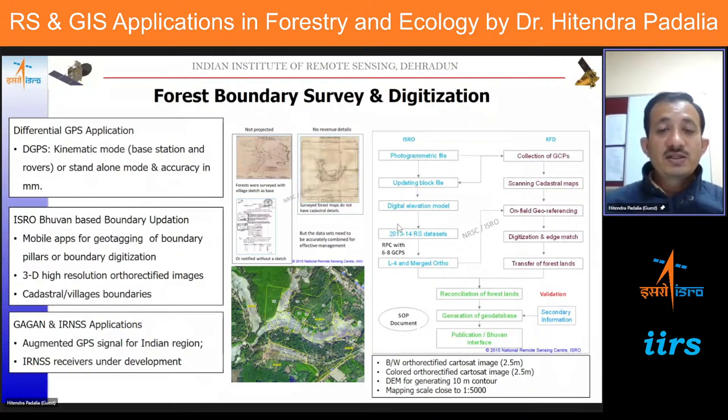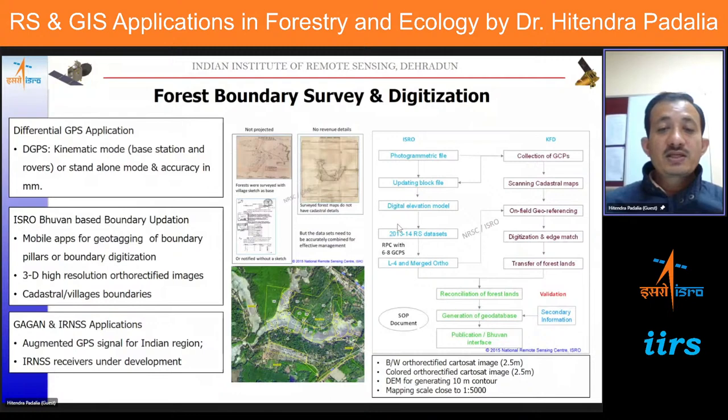For that purpose, we need to identify the forest boundaries precisely. We should have a very precise geospatial database where our forest boundaries and revenue boundaries are well defined, so that laws, particularly the Forest Conservation Act and the Wildlife Protection Act, can be effectively implemented when you have a good database and information about the forest boundaries.